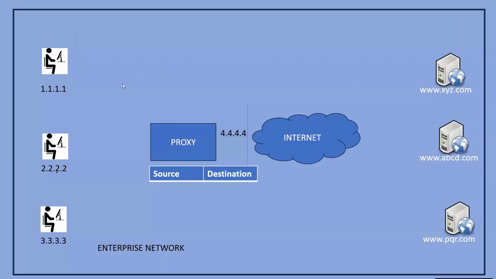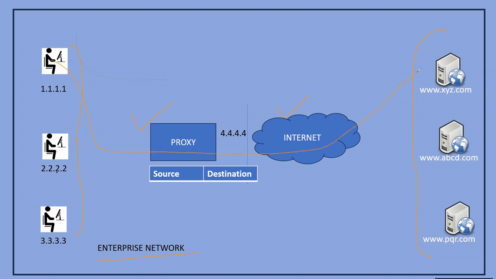Okay, let's take an example of this slide, wherein we've got three clients sitting on the left-hand side on an enterprise network. We've got the proxy, we've got the internet, and these clients want to browse the sites on the right-hand side, which are outside your enterprise network. Remember, all traffic on the enterprise network has to go via the proxy.